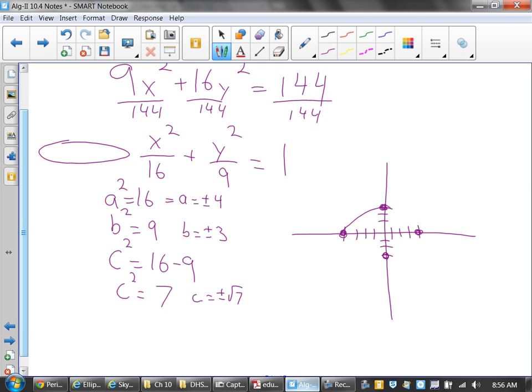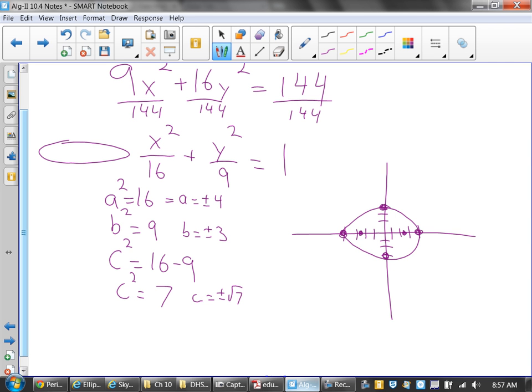Make my oval. Funny, my ovals look like my circles. And then lastly, what's the decimal equivalent of the square root of 7? It's more than 2, less than 3, 2.6 maybe? 2.6-ish? Yeah. So about here, and about here.